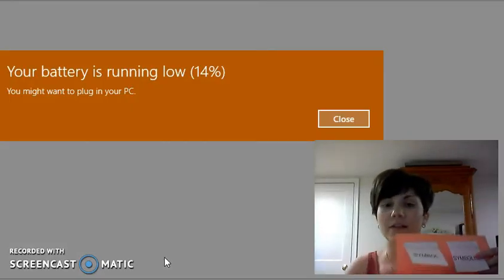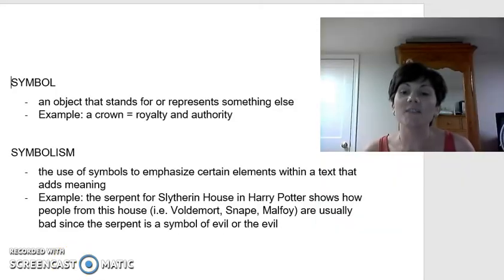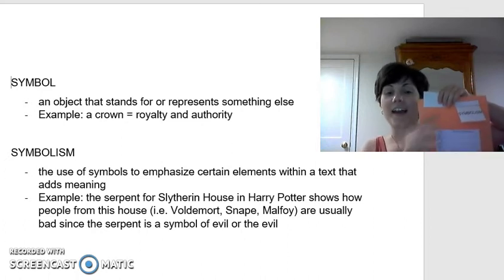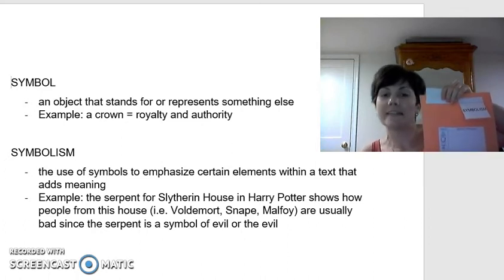So now moving on to the notes section. You're going to write your notes underneath each of the foldables. For symbol, you're going to write it in the space here, and for symbolism, you will write it here. These are the notes I want you to write underneath your foldable. Underneath symbol, you're going to write: an object that stands for or represents something else. An example of that is a crown.